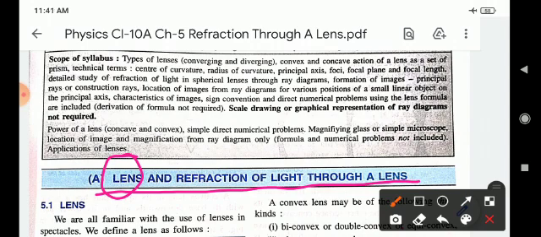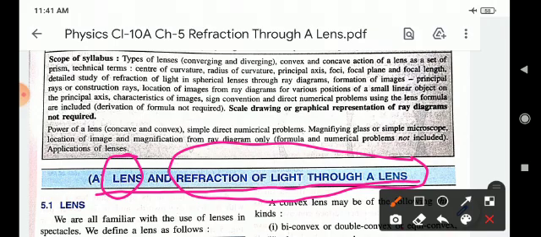And also refraction of light through a lens. What is the meaning of refraction of light through a lens? Refraction is the change in direction of light when it passes from one medium to another. The working of a lens is based on the refraction of light when it passes through it.